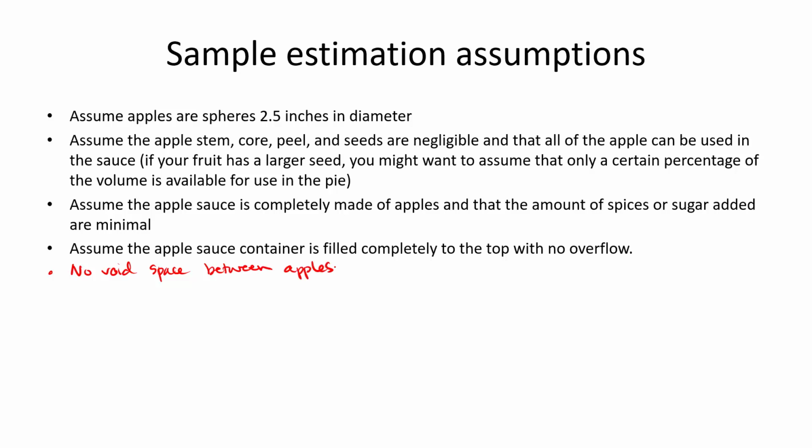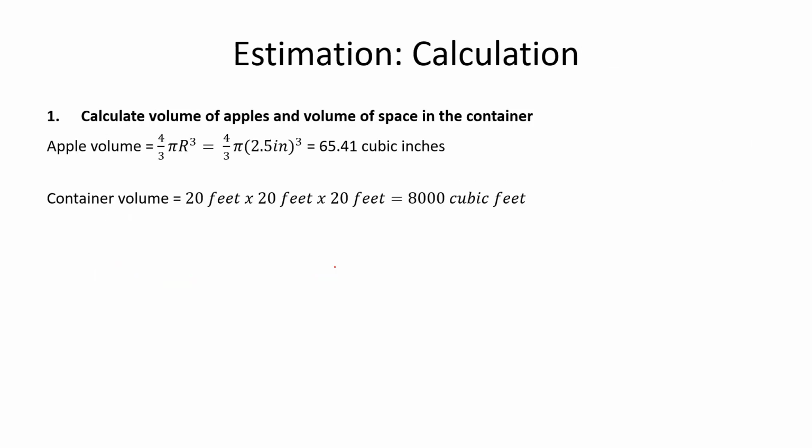So again, these are just some possible correct assumptions that you could choose to make for this question. Here's an example of how you could actually complete this calculation. In this case, you could assume that your apple is using the volume 4/3 pi r cubed.